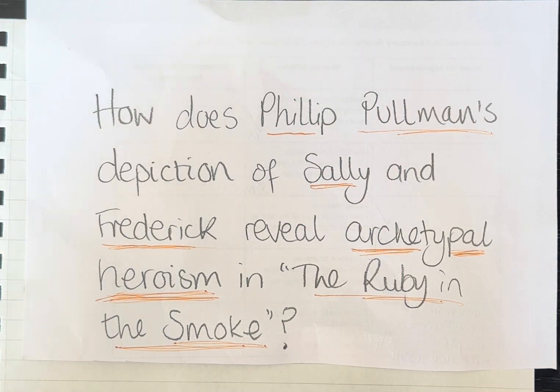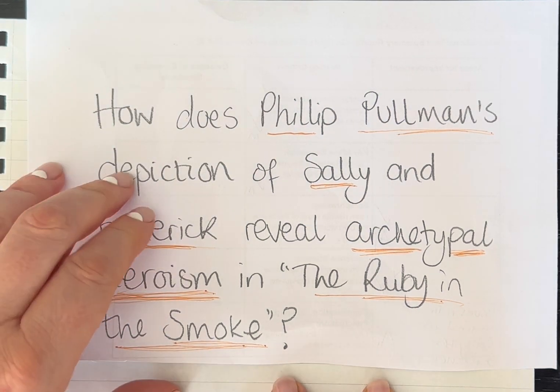And we're going to have a look now at how to write a thesis statement. For this, I'm going to write an example thesis statement in response to the same question, about how archetypal heroism is revealed, but this one I'm going to focus not on The Ruby and the Smoke.